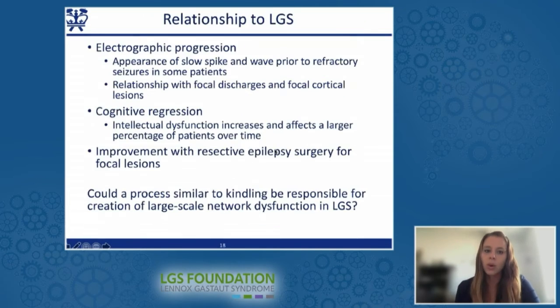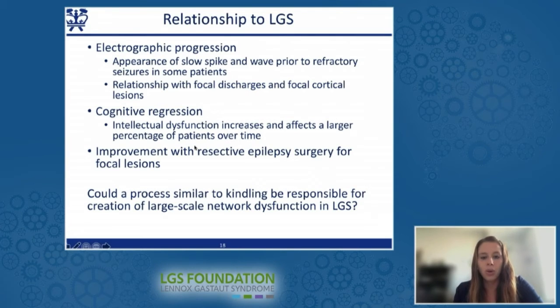So how could this actually be related to LGS? I'm very glad that I'm speaking second, because we already heard a lot of evidence and information about how LGS is most likely a progressive disorder, and how you can have interictal patterns that come on earlier before you have refractory seizures, the relationship with focal discharges and focal lesions, and also the improvements that can happen after resective epilepsy surgery in patients with LGS who have focal lesions.